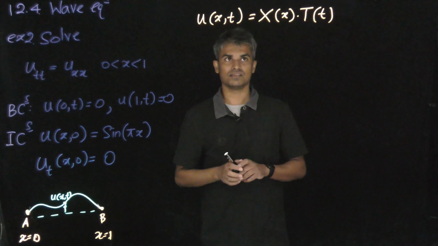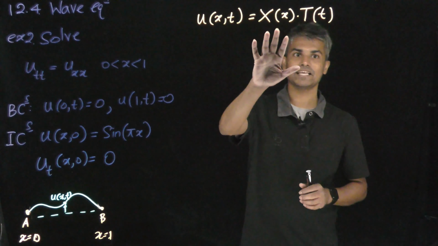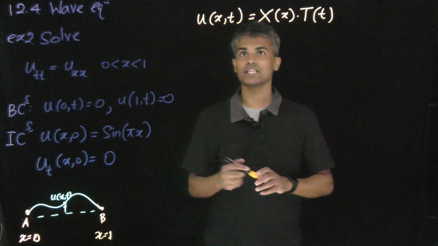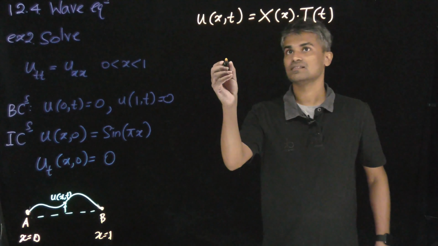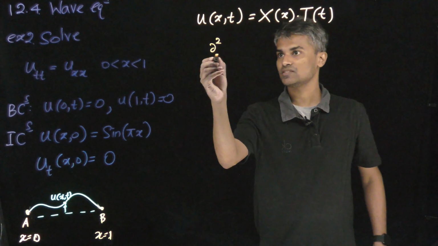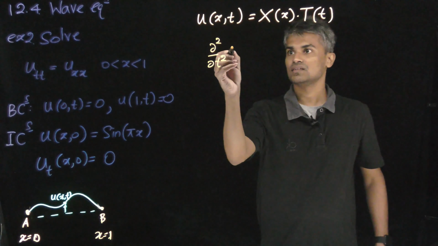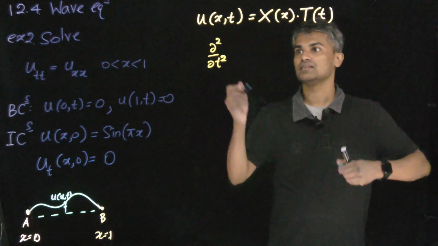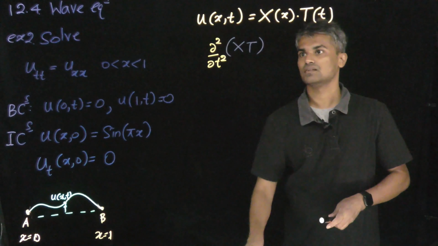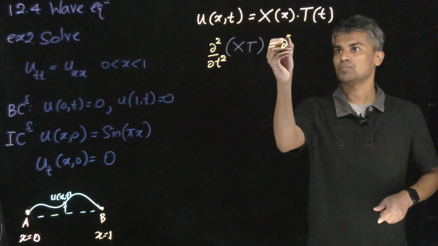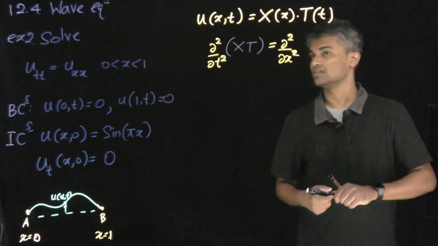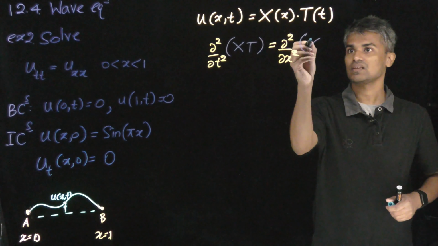Now next we substitute this expression into the partial differential equation, and if we do that, we have on the left hand side the partial squared over partial t squared of, let us say, big X and big T, equals the partial squared over partial x squared of u, which is XT.